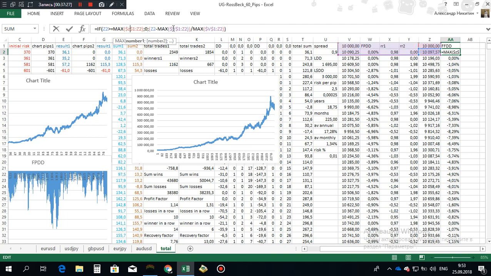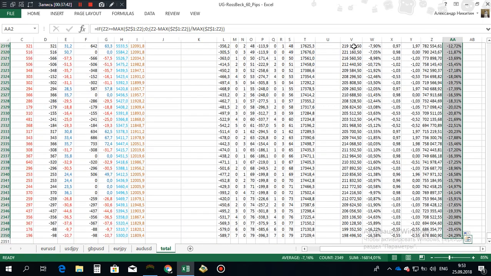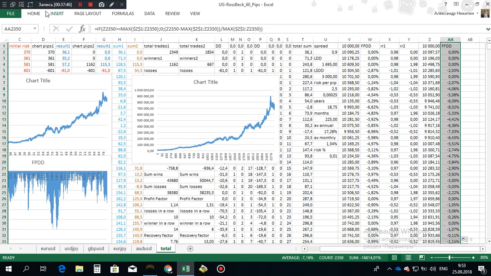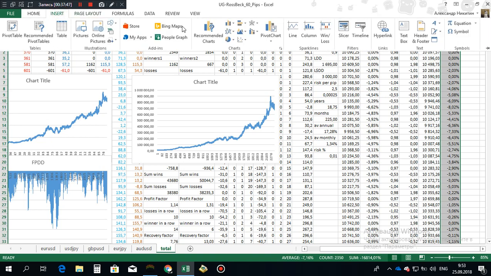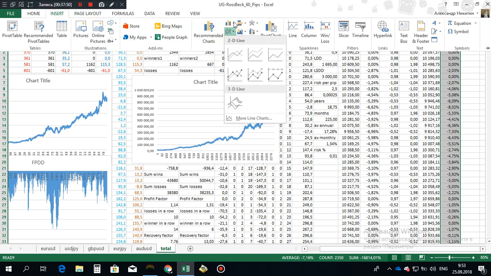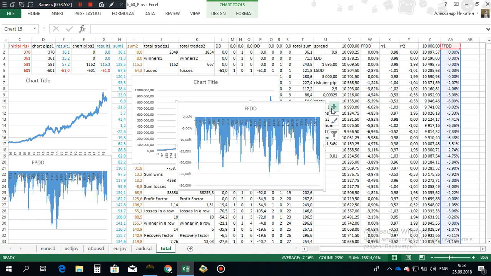Okay, so let me fix the formula. Done till the end. Okay, going lower, going higher. This is my drawdown.